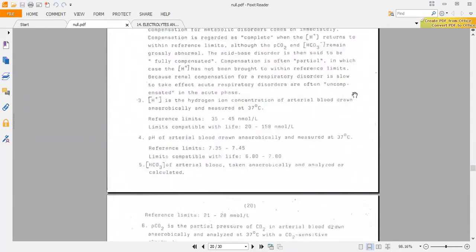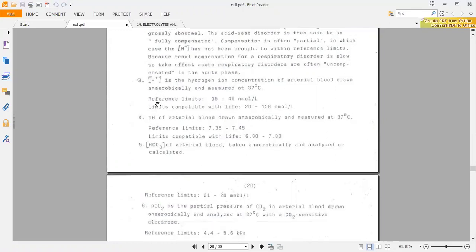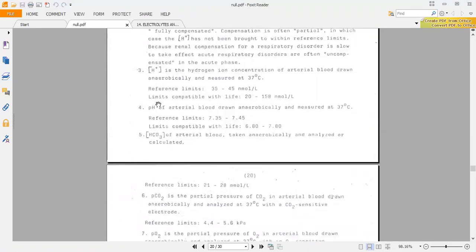Now let's look at this part. Try and keep the values in your head. Maybe if you get a question they will give you the normal range, but try and remember them. For H plus, the normal range is 35 to 45 nanomoles per litre.